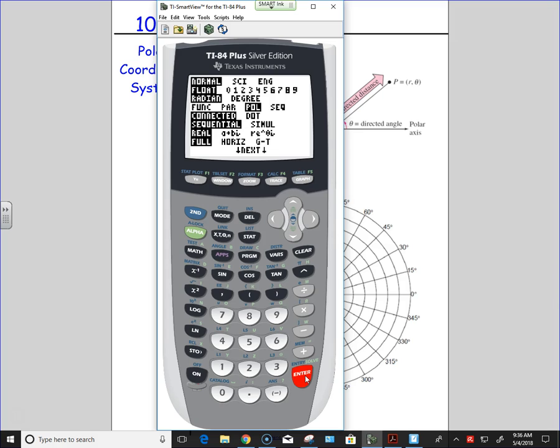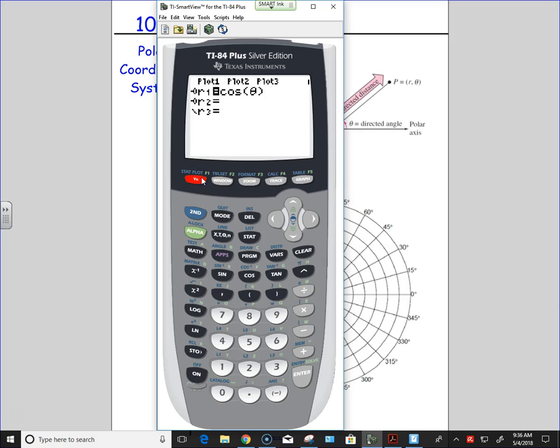Once you change your mode to polar, I want you to go play around in your y equals just a little bit, and see if you can get a good picture of, what do I want to put in here?